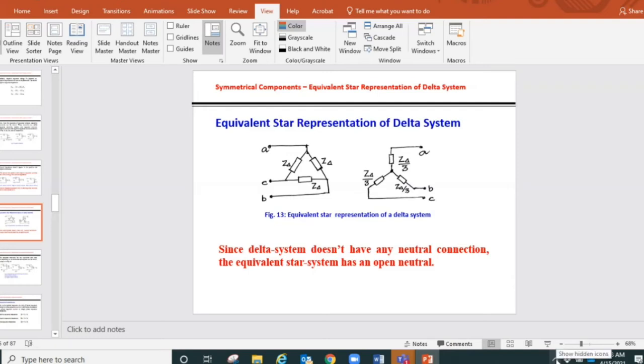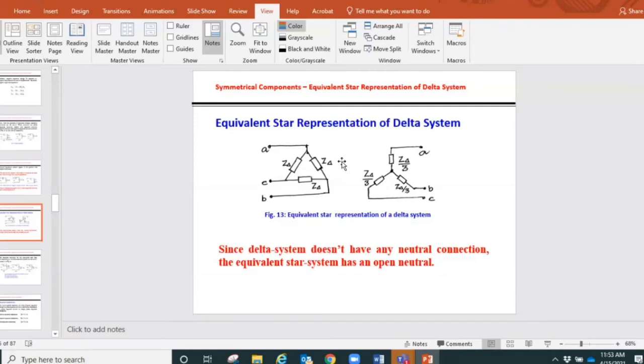So in this case, we assume that we have a delta configuration where the impedance is labeled as Z delta. I just generalized it. Z delta means the impedance when it is connected in delta for a three-phase configuration, and when we have converted that delta-connected impedance into a star, it will have a value of Z delta over 3.